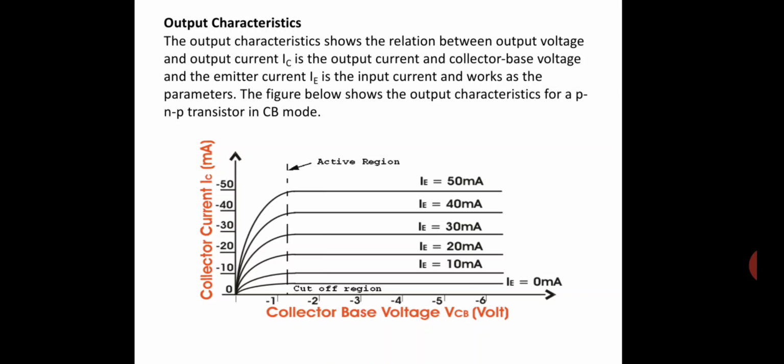When input current is 30 milliampere, then output current increases in active region faster, and after that saturates. So on, at input current 50 milliampere, the output current increases upwards and saturates after active region. So this is the common base output characteristics.